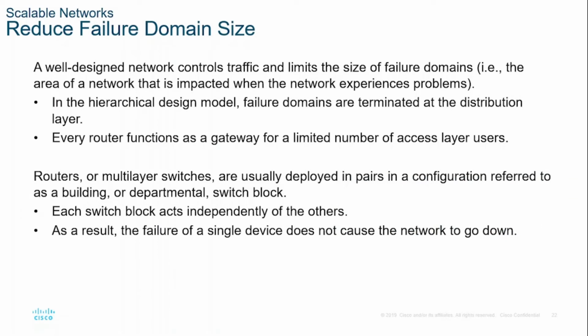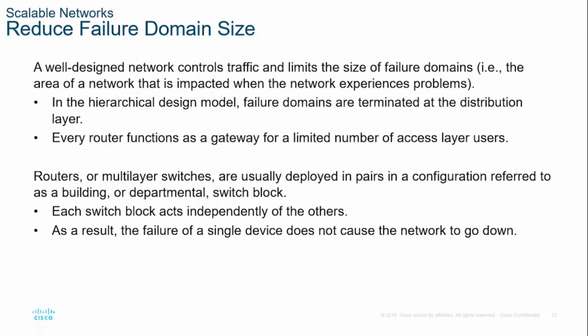Now, to reduce the failure domain size, a well-designed network not only controls traffic but also limits the size of failure domains. A failure domain is the area of the network that is impacted when a critical device or network service experiences a problem.